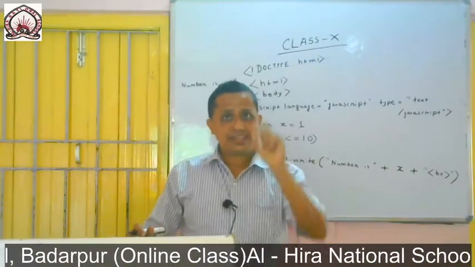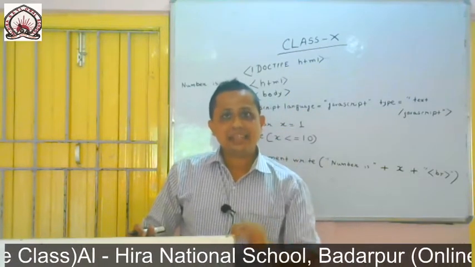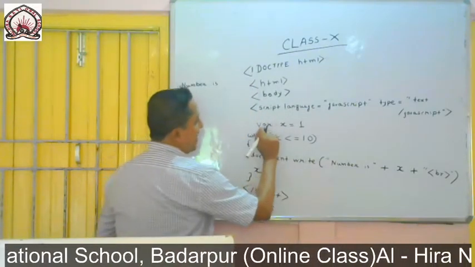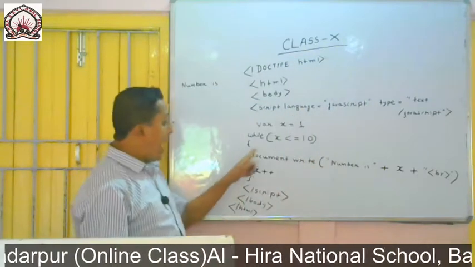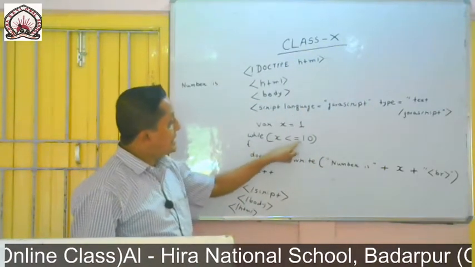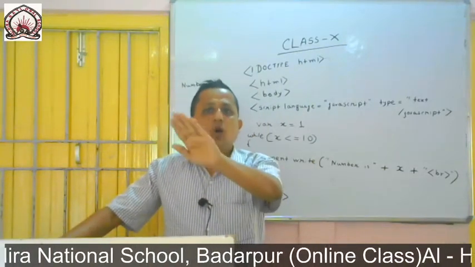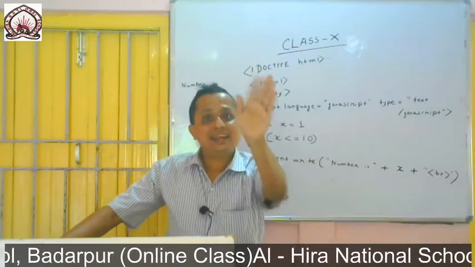As I have discussed earlier, a loop consists of 3 statements: initialization, condition, and increment or decrement. So see here, var x is equal to 1 is initialization, while x less than or equal to 10 is the condition. This means the value of x should not be greater than 10.